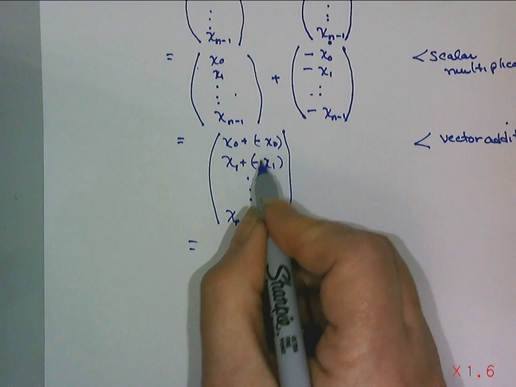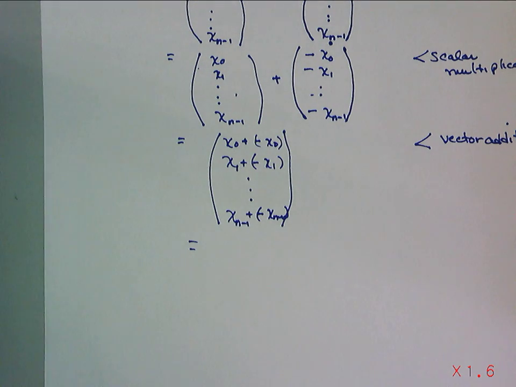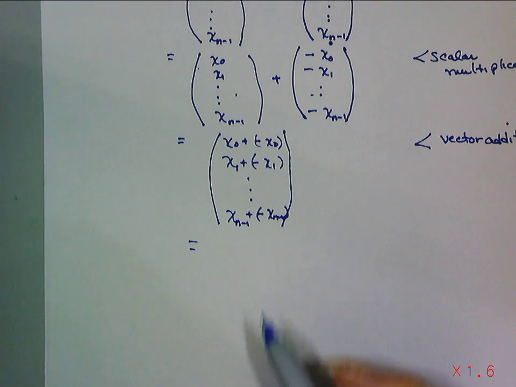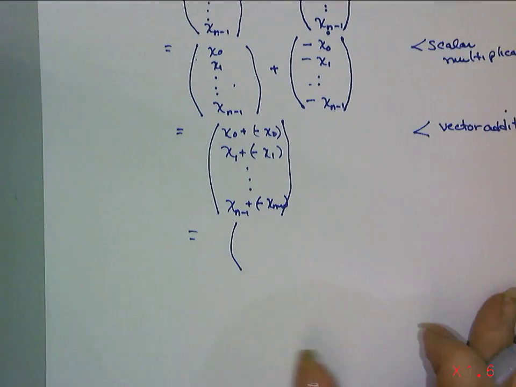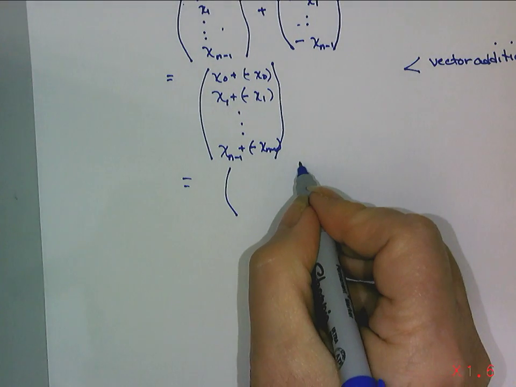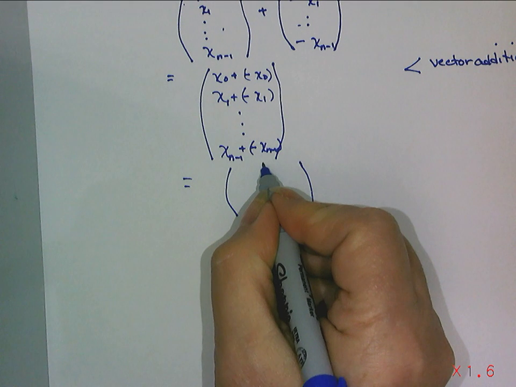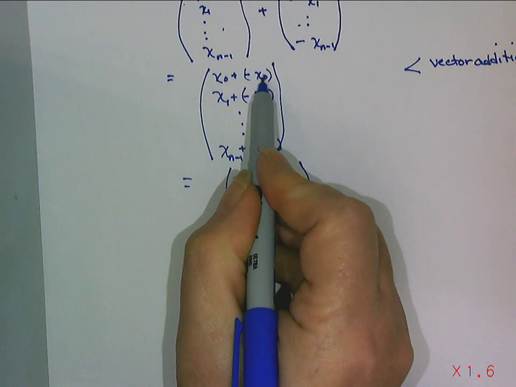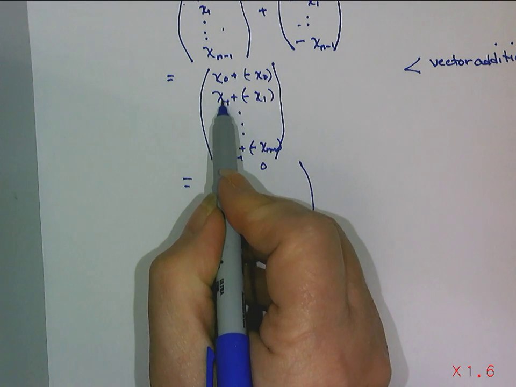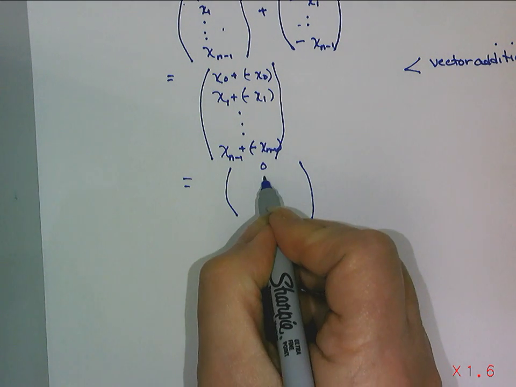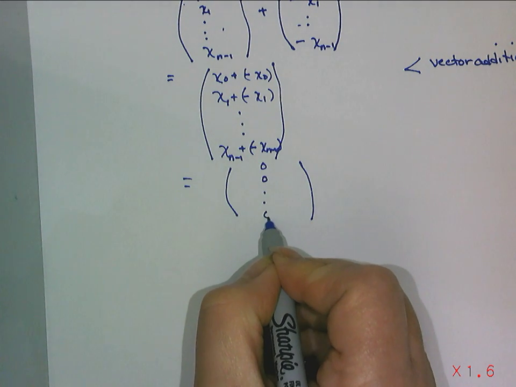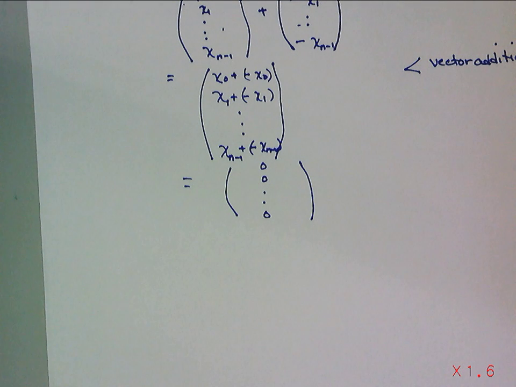But now each one of these components is found by real number addition. And any real number plus its additive inverse is always 0. So chi0 plus negative chi0 is 0, chi1 plus negative chi1 is 0, and so forth. We end up with the 0 vector.